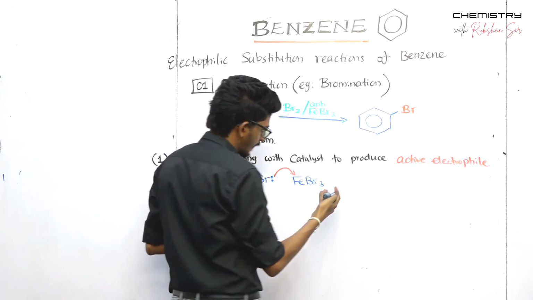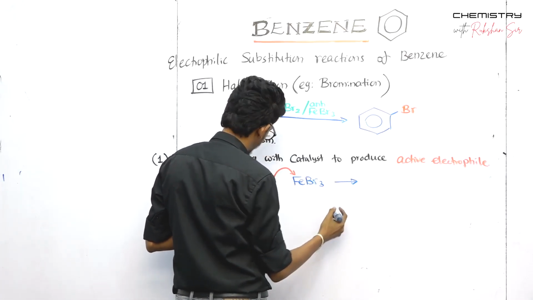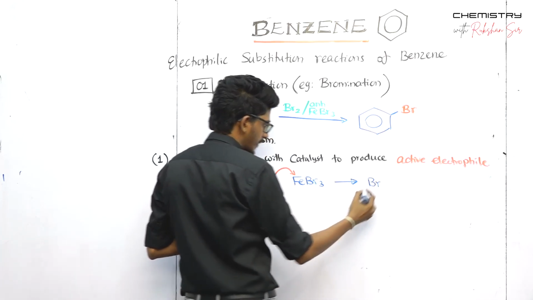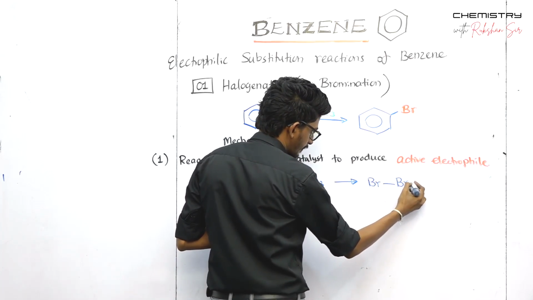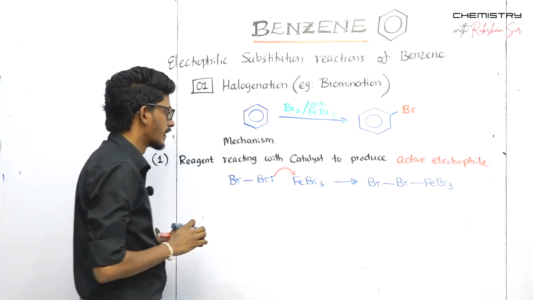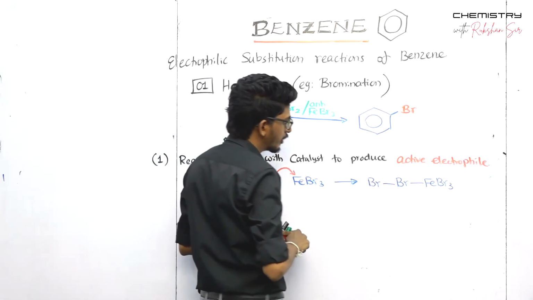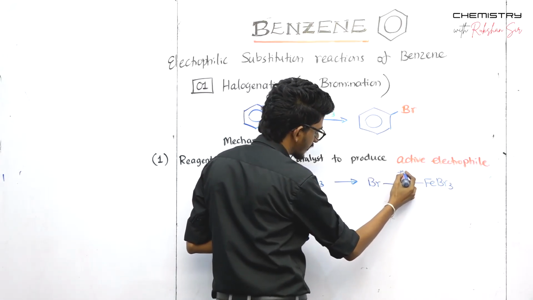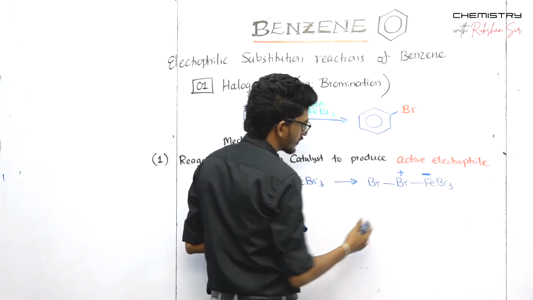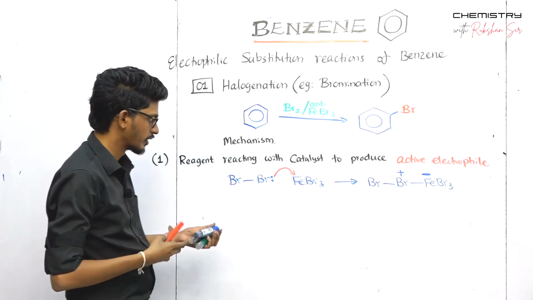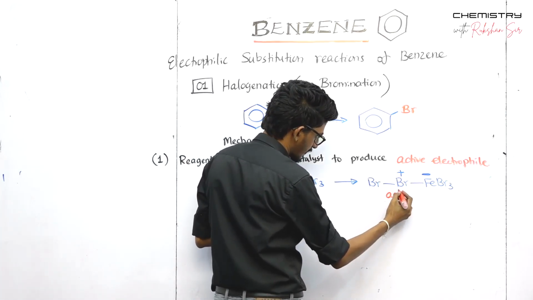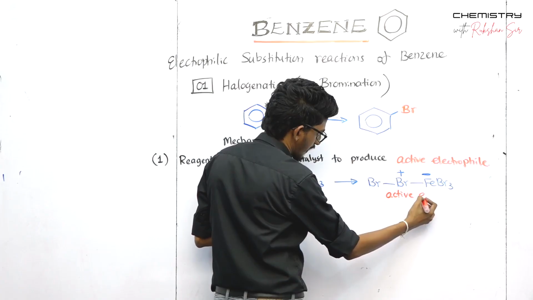So that will produce this kind of compound. As this is a dative bond, the dative bond donor gets a positive charge and the dative bond acceptor gets a negative charge. So this is referred to as the active electrophile.